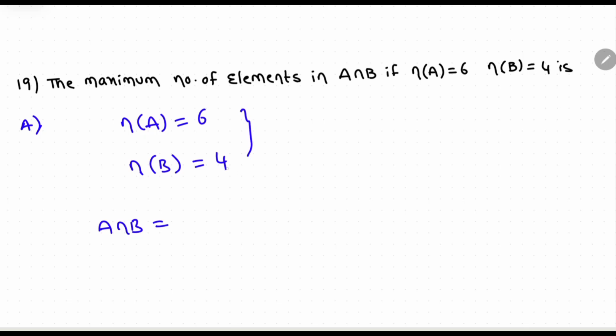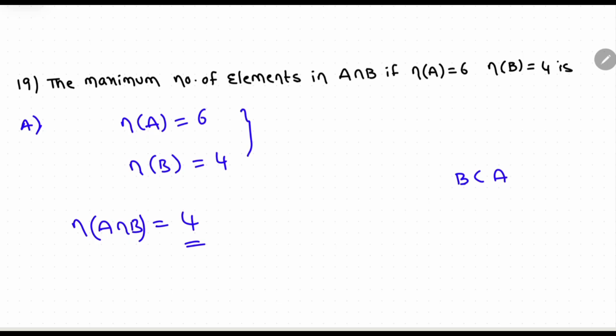Here n of B, therefore B will be a subset of A. Since set B is smaller, if I take B subset of A, then n of A intersection B will be 4.